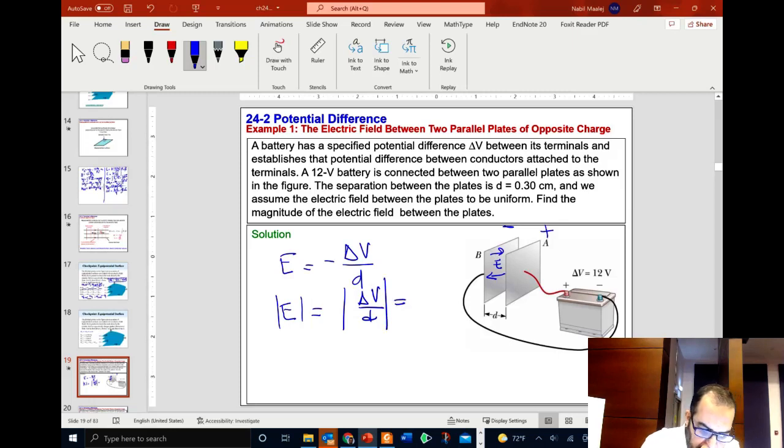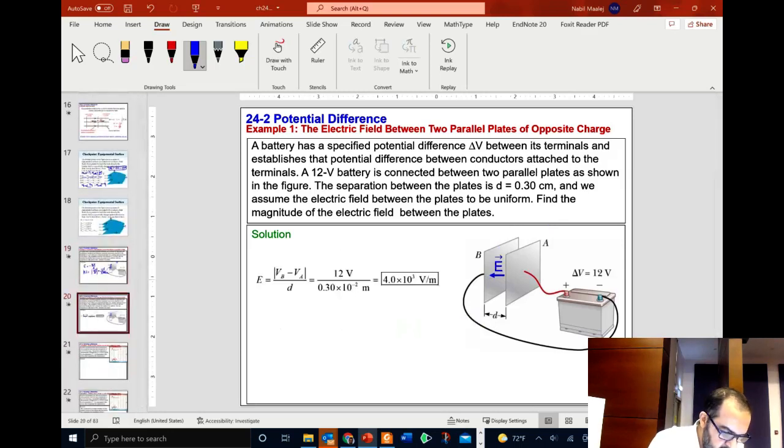Delta V is 12 volts and the distance is 0.3 centimeters, so 0.003 meters, and you will be able to find the electric field. In this case, the magnitude of the electric field is 4,000 volts per meter, or newtons per coulomb. Some simple problem. Okay, next problem.